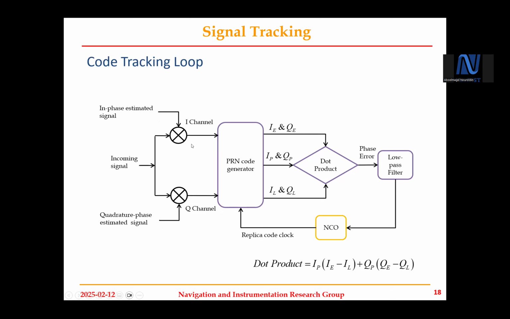So again, this works independently, but concurrently and cooperatively with the carrier tracking loops. We use input signals coming from the carrier tracking loop. As well, we will see later that for the carrier tracking loop, we also use output from this code tracking loop.